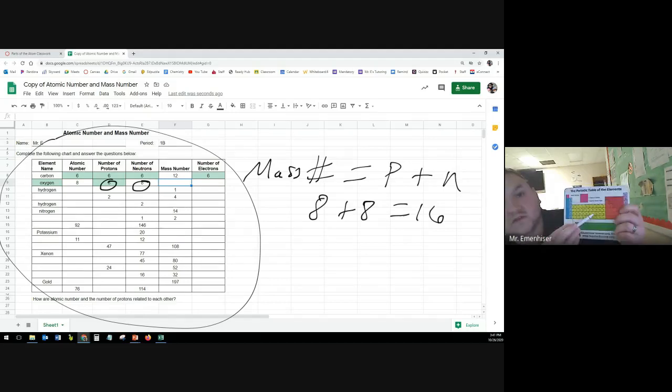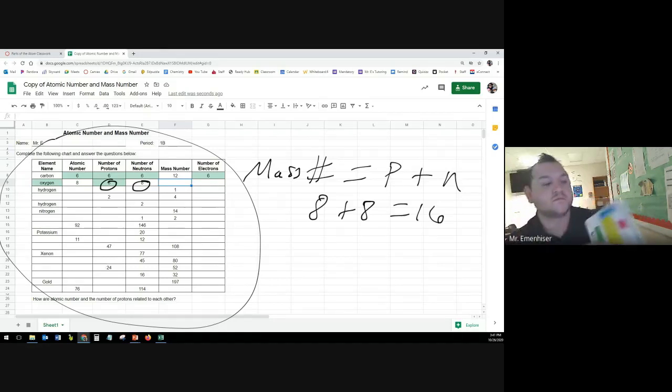That's the atomic number. You need to use that. But do not use the number below it for this table. Ignore that number on the bottom, okay? Because that will not help you. That'll make it more confusing, and you'll be getting some of these wrong, okay? So follow the table that you got here, okay?